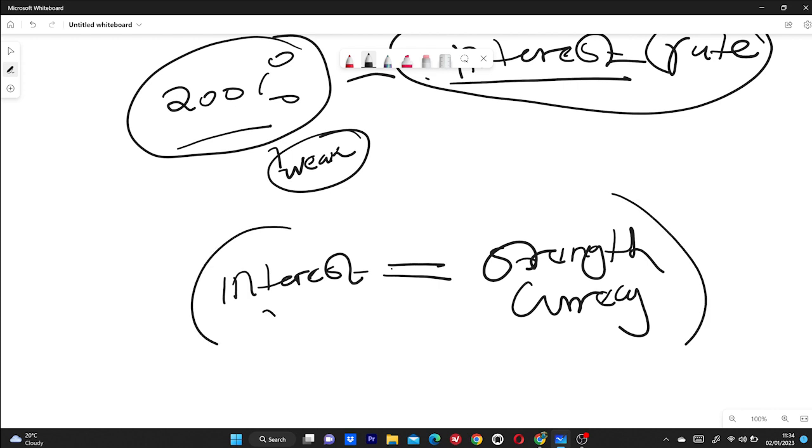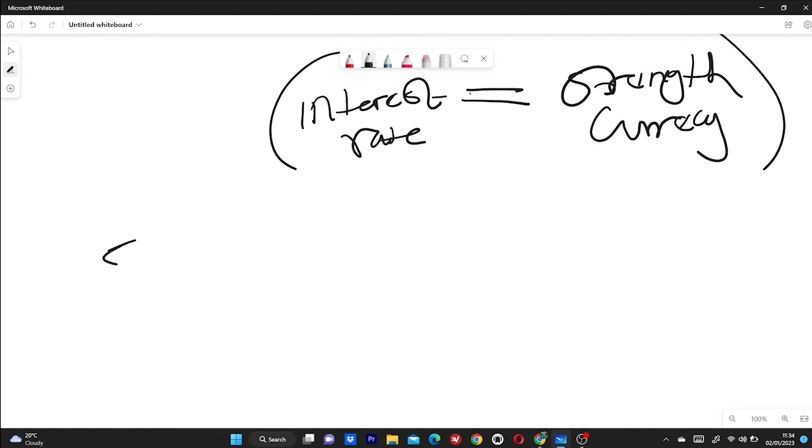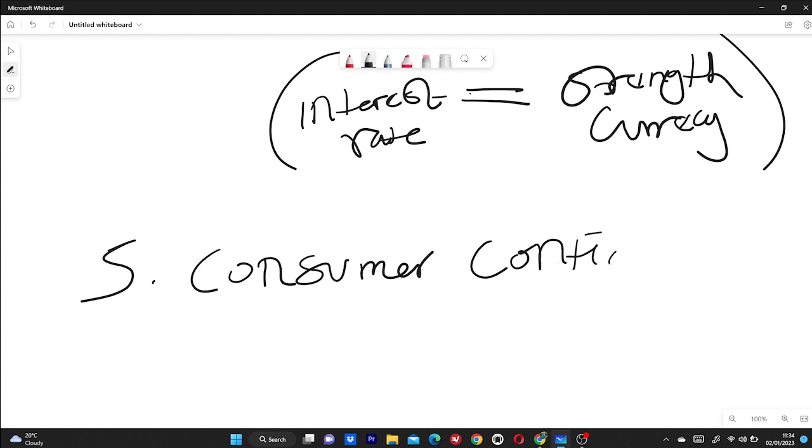So these are actually the major factors that affect the market: the interest rate, CPI, unemployment, and GDP. Number 5, let's talk about the last one, which is consumer confidence. Consumer confidence is like the sentiment, how people feel about buying products and all that.